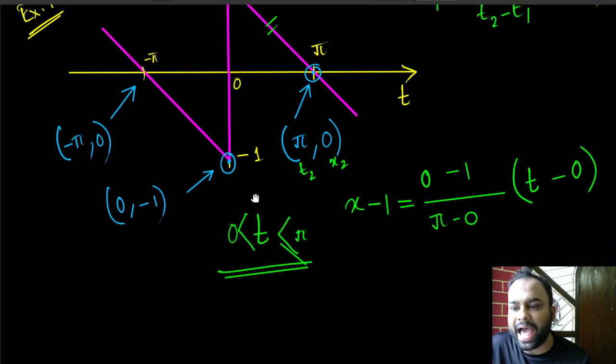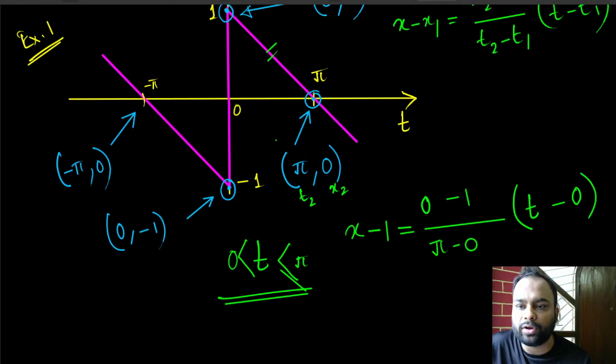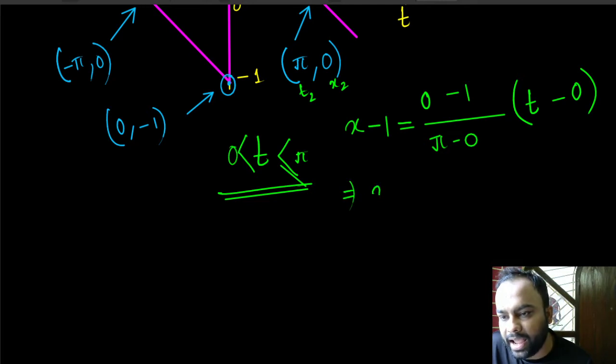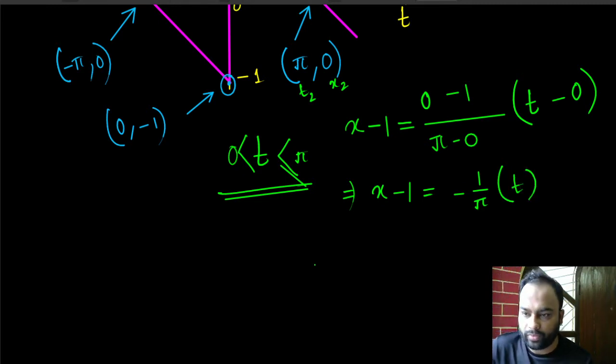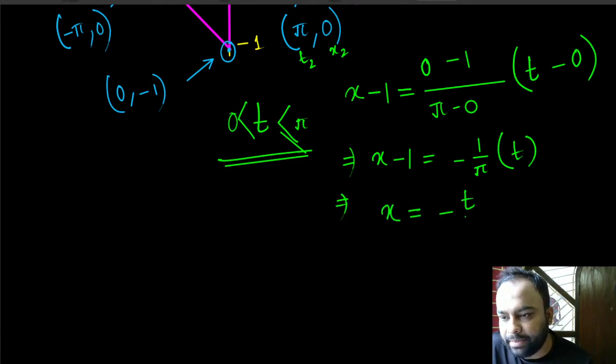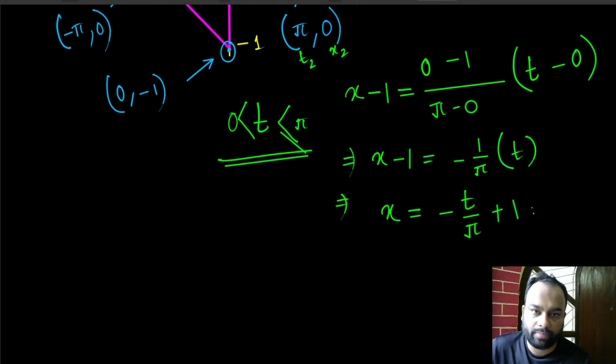So I essentially have an expression for this portion of the signal, right? If I simplify this further, what do I get? I get x minus 1 equal to minus 1 by pi into t, right? So as a matter of fact, I get x equal to minus t by pi plus 1, right?